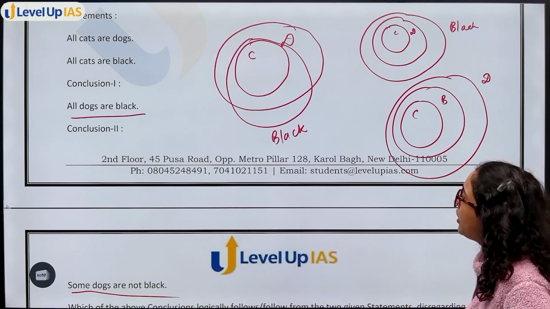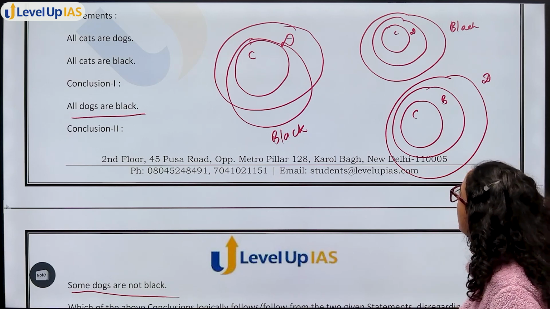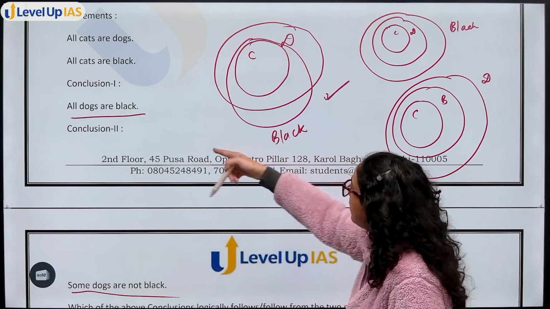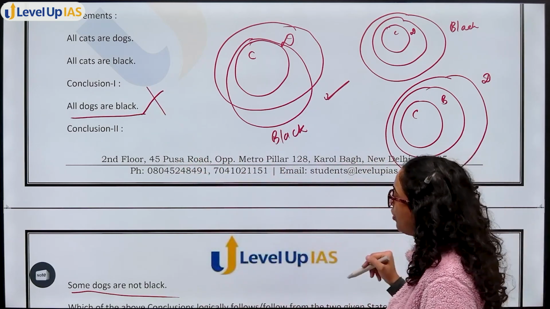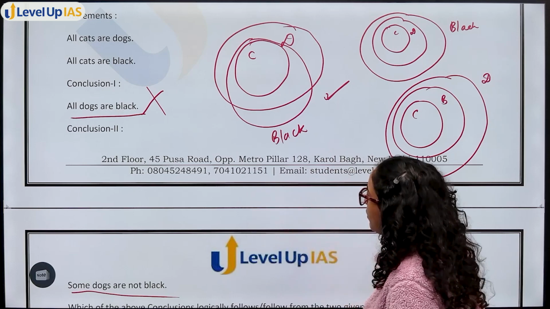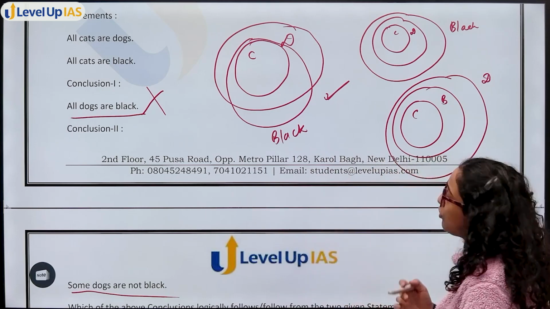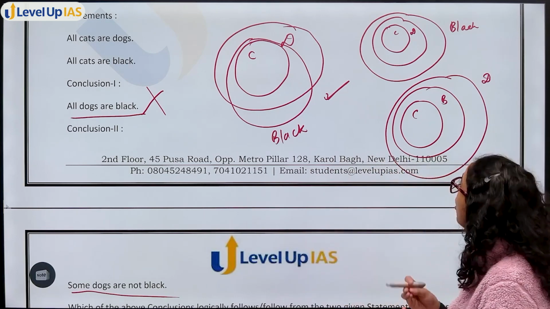Now you have the first conclusion, all dogs are black. No, from this case, conclusion 1 is false. Conclusion 2, some dogs are not black. So there are some dogs that are not black.